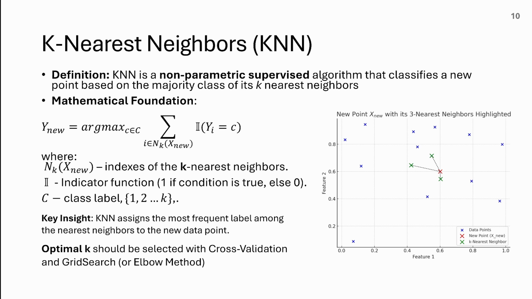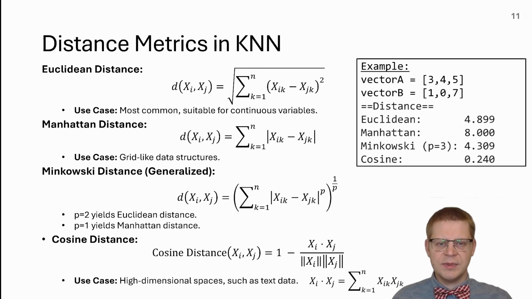Weighted KNN enhances the standard approach by factoring in the distance of each neighbor. This weighting scheme reduces the impact of distant neighbors, leading to more accurate and reliable classifications, especially in diverse data landscapes. Distance metrics are central to KNN.